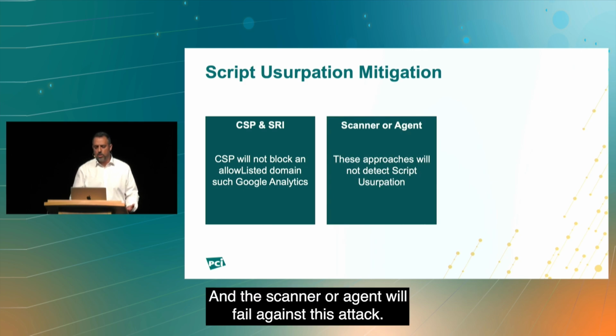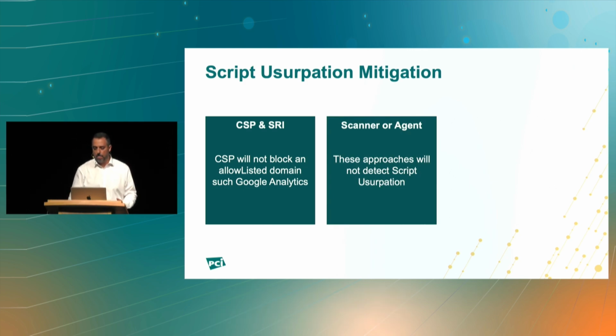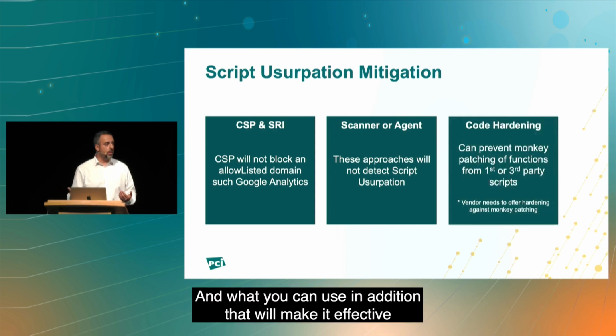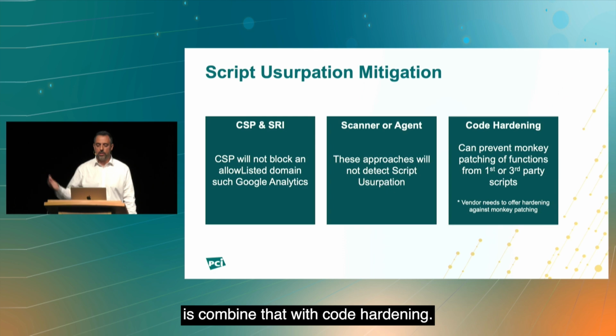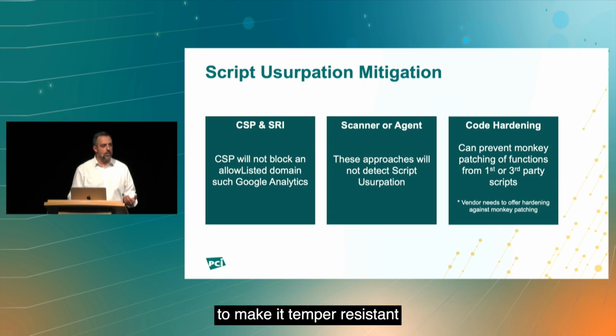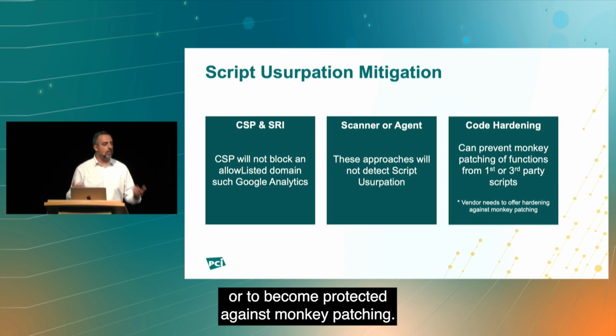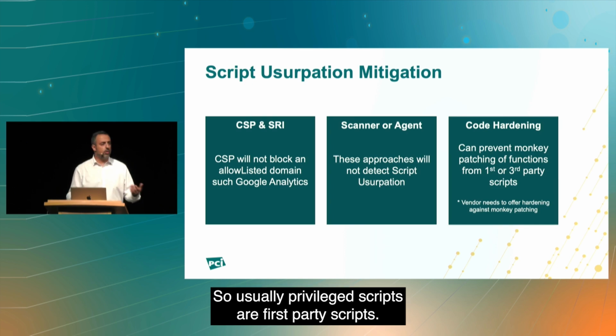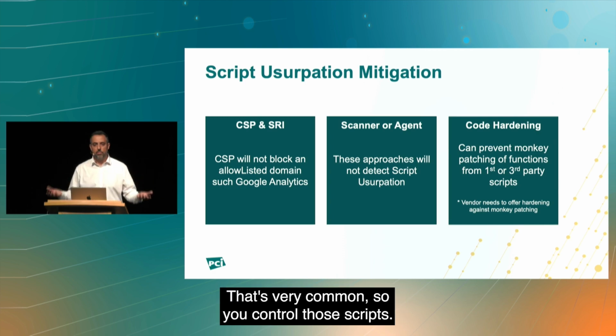And the scanner or agent will fail against this attack. And what you can use, in addition, that will make it effective is to combine that with code hardening. So code hardening is basically rewriting the code to make it tamper resistant, or to become protected against monkey patching. So usually, privileged scripts are first-party scripts. That's very common.